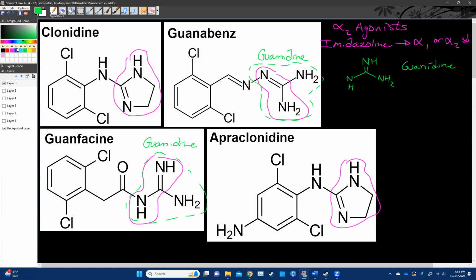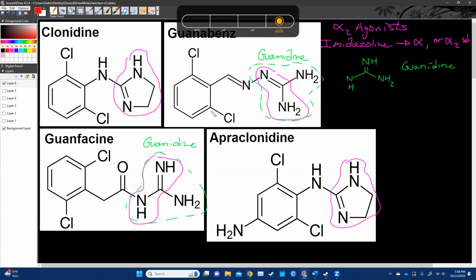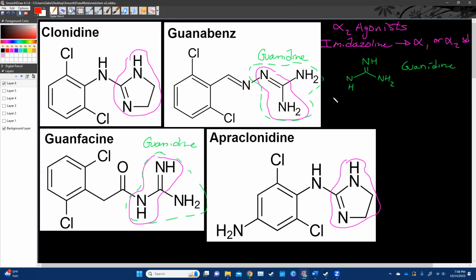What do we notice that's connected to our benzene rings? Do we have electron donating groups or electron withdrawing groups? Chloro, OH, yes, withdrawing. So we have EWGs, which is going to be alpha 2 selective. So each one of these chlorines is going to be very, very alpha 2 selective.